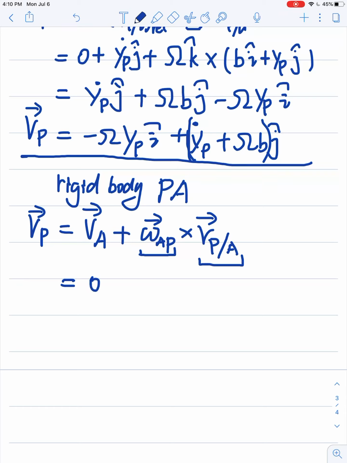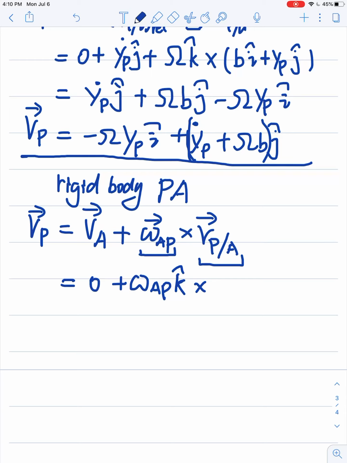Va is 0, this is a fixed point, so it's 0 plus omega AP cross. Omega AP is angular velocity, which should be in the k direction only.